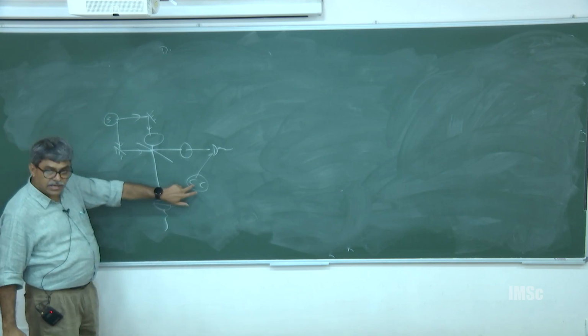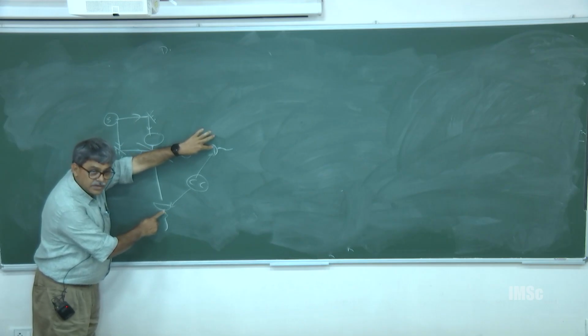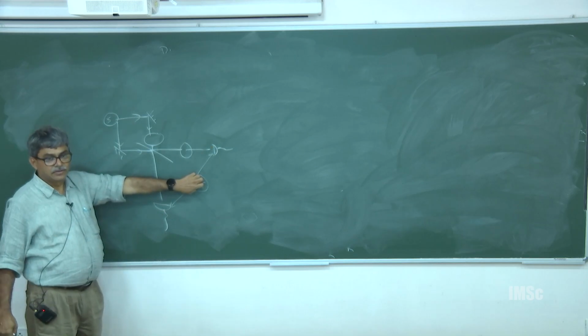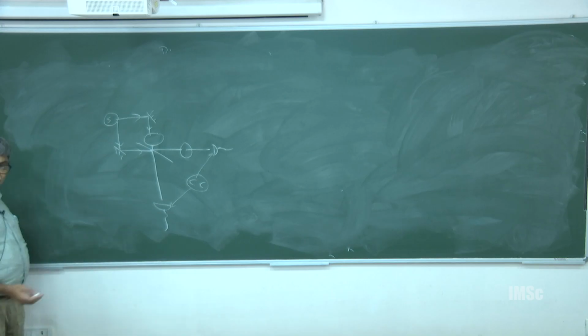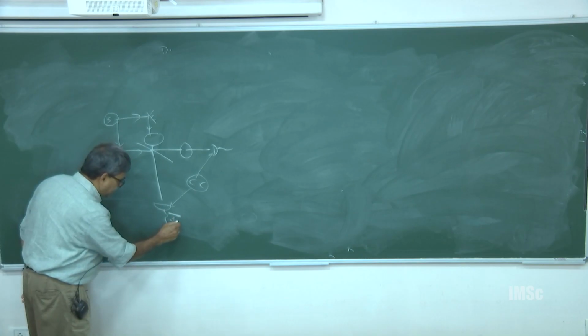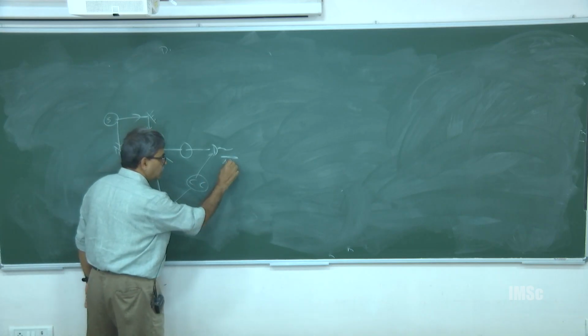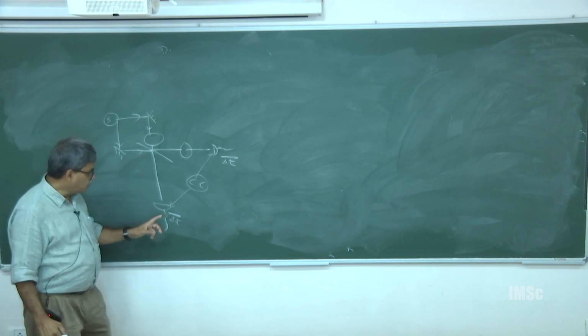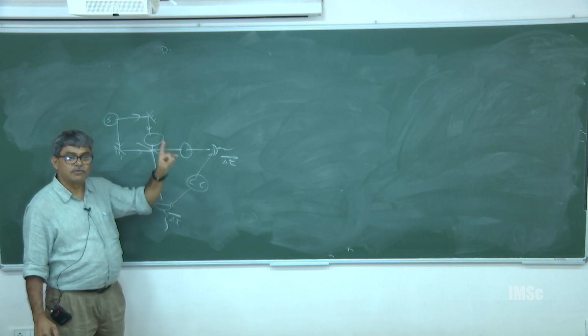This will click if one photon is detected here and one photon is detected here simultaneously. This is how we call it coincidence count, and if they do not get clicked simultaneously, then this will not click, this will be 0. Now, experimentally this does not happen. What happens is there is a time window, let us say delta tau, here also a time window delta tau. Within that time window, if one photon clicks here and one photon clicks here, we say the coincidence count is 1.